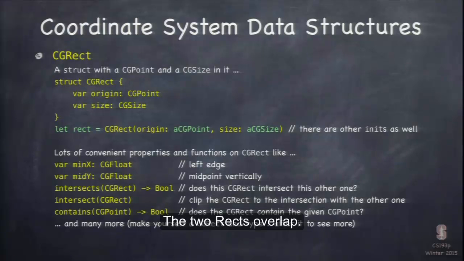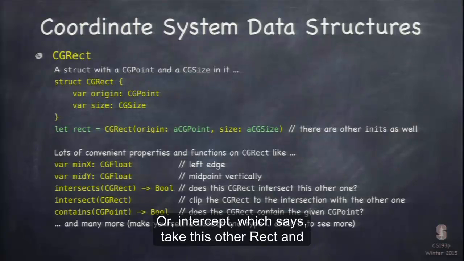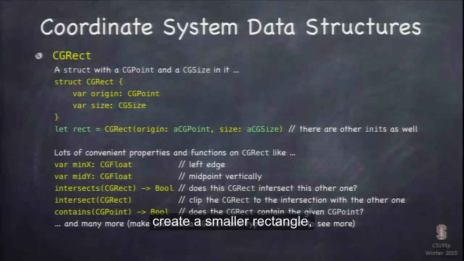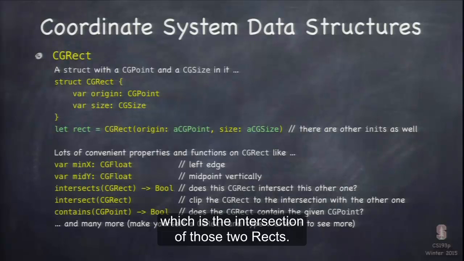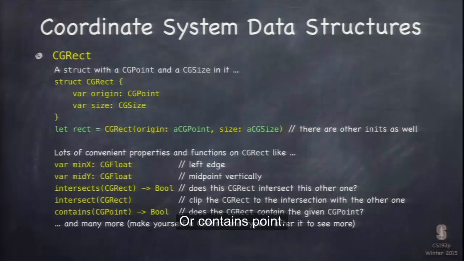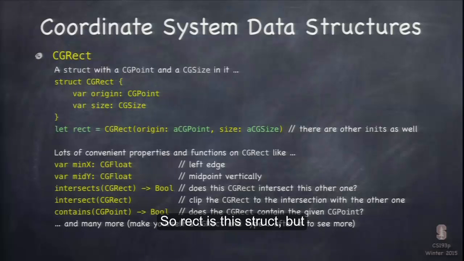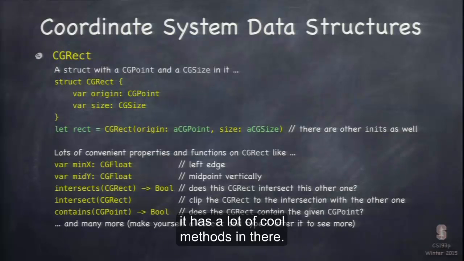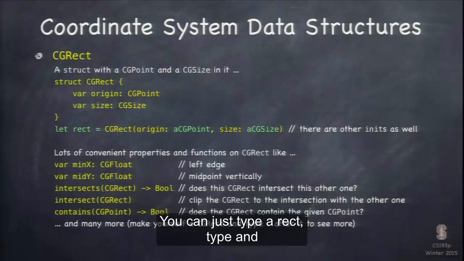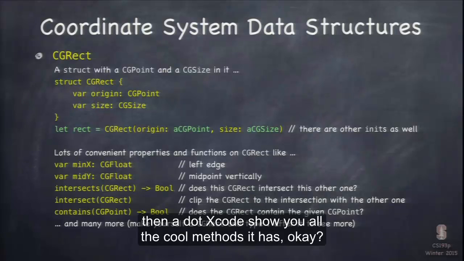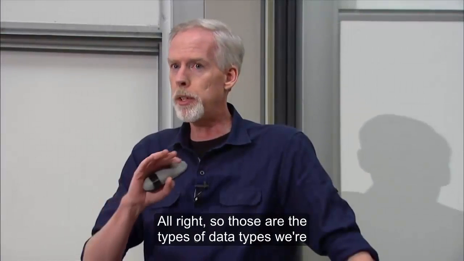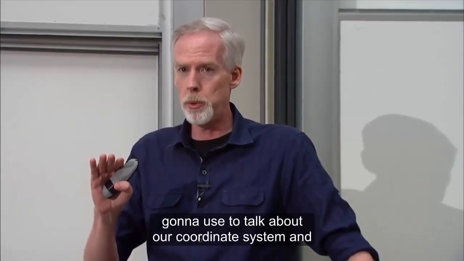The two rects overlap. Or intersect, which says take this other rect and create a smaller rectangle, which is the intersection of those two rects. Or contains point, okay? Where you pass it a point, and it'll tell you whether it contains that point. So rect, it's a struct, but it has a lot of cool methods in there. There's a whole bunch more. You can just type a rect type and then a dot, and let Xcode show you all the cool methods it has. Okay?